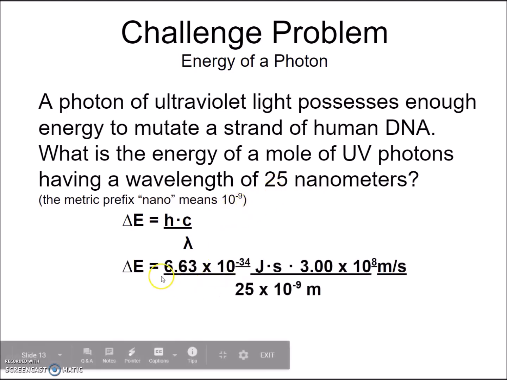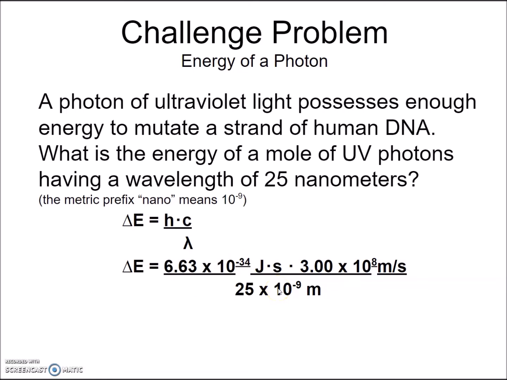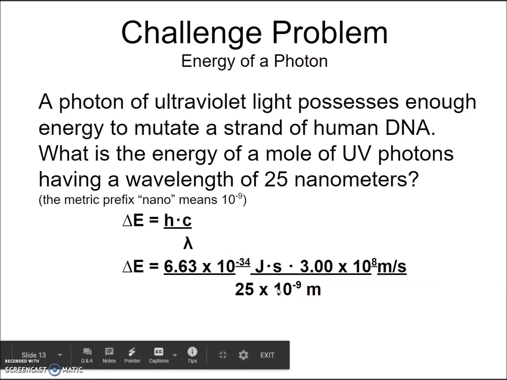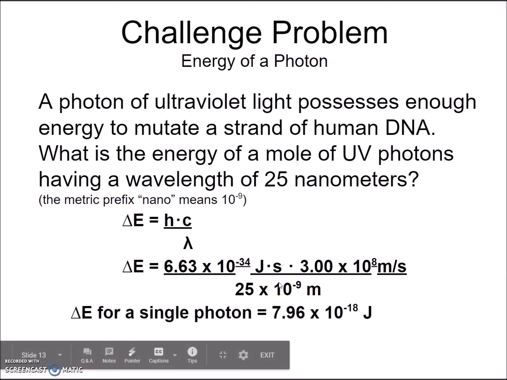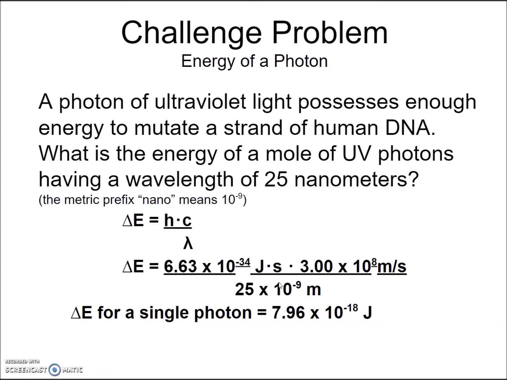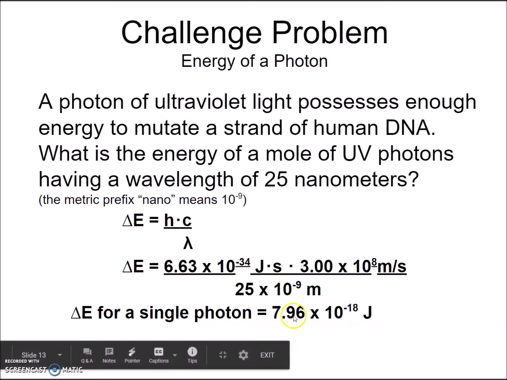So if we put that together, Planck's constant times the speed of light over the wavelength, 25 times 10 to the negative 9th. No, that's not in proper scientific notation, but that's okay. Gives us an energy change for a single photon of 7.96 times 10 to the negative 18th joules. A single photon.